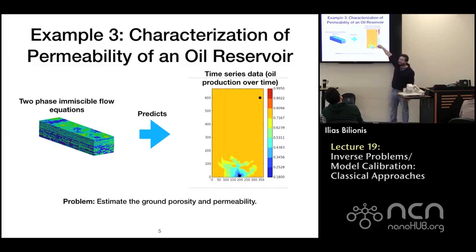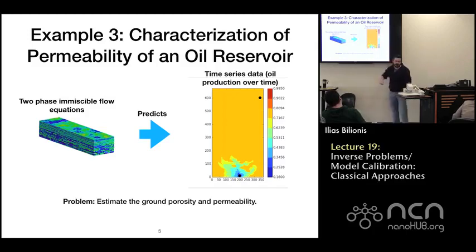You're pumping water through this well, and the water pushes the oil out of the other well. What really happens depends on the permeability of the ground, the morphology of the ground. What kind of rocks do you have? For different types of rocks, you are going to get a different oil production history, if you like, right?